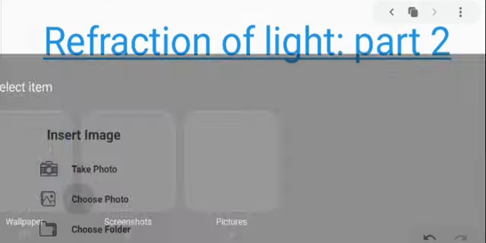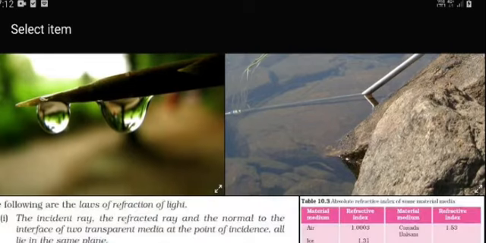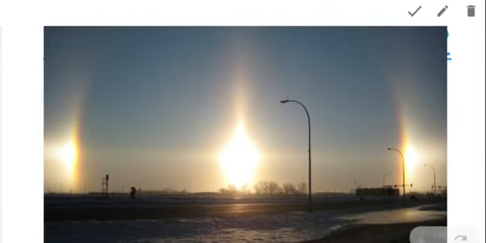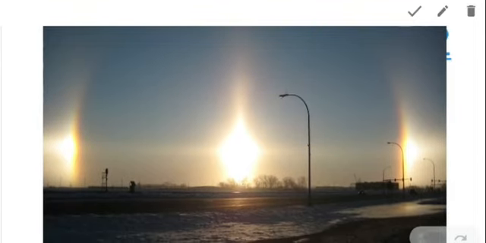Another example where refraction occurs, though it's not quite common to see this phenomenon, is most commonly referred to as sundogs.